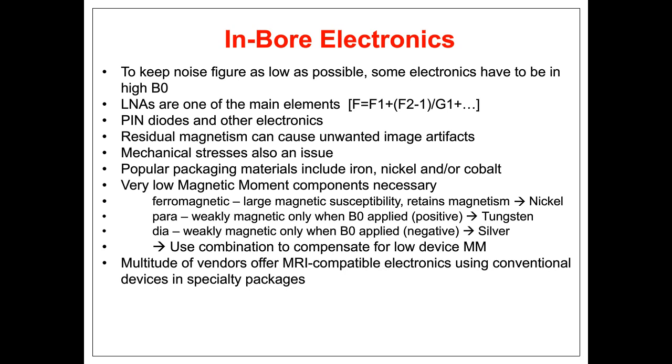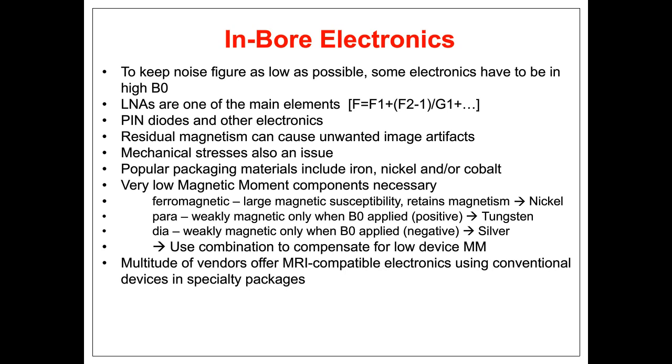The problem is most commercial elements use packaging materials that have ferromagnetic properties. They're made out of nickel, and they are magnetic in properties. So unfortunately, those elements retain magnetism and can distort the image or create unwanted image artifacts. So inside the board, you can't keep commercial electronics.